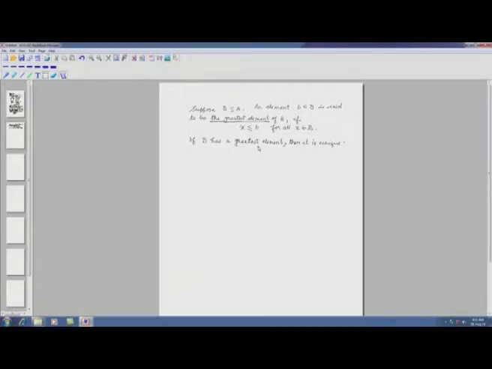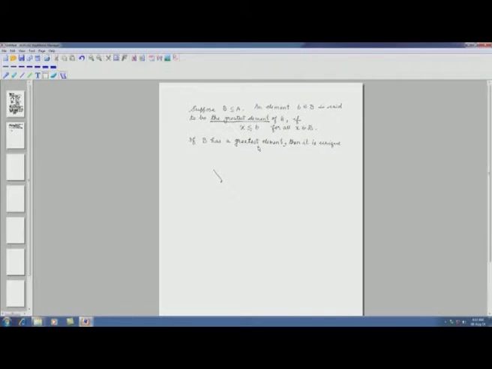Now, just as before, we can have situations where B does not have a greatest element or it may have a greatest element. So, let us go back again to our example of I 6. So, it is like this.